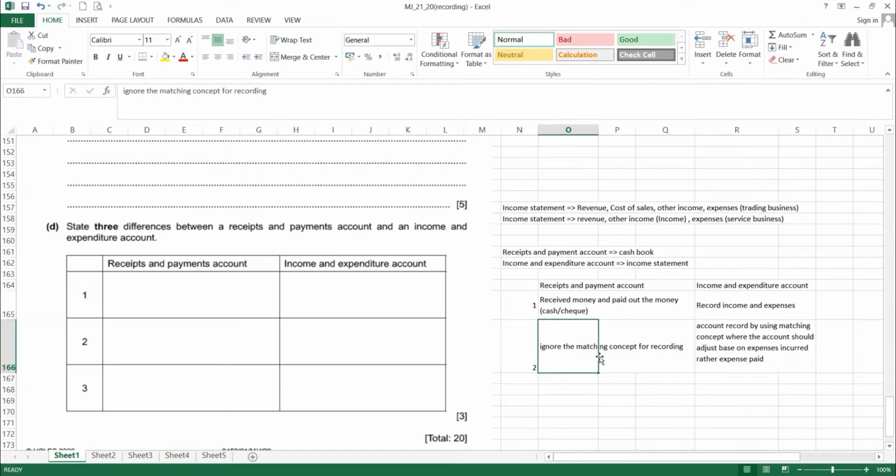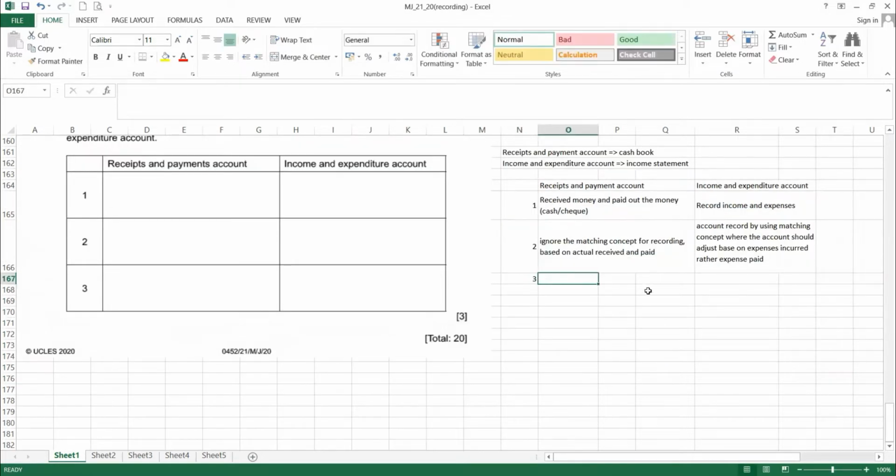So this one is based on the actual receipt and paid. Okay, so this is for number 2. Okay, number 3.